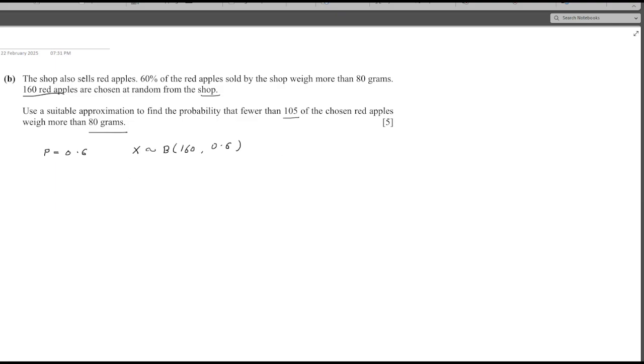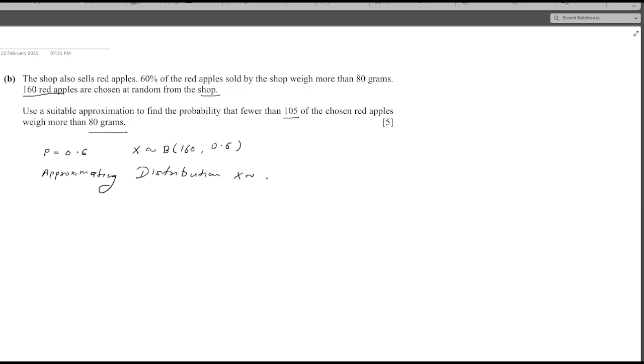Now here we convert this into an approximating distribution. As n is large and p is close to 0.5, your approximating distribution will be normal distribution.